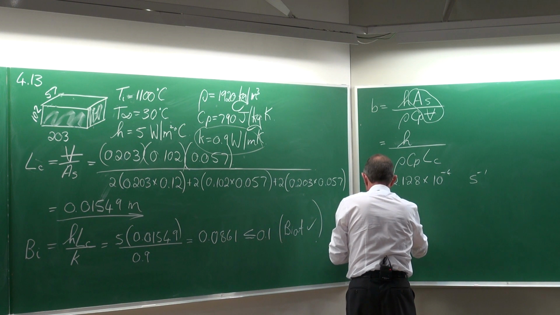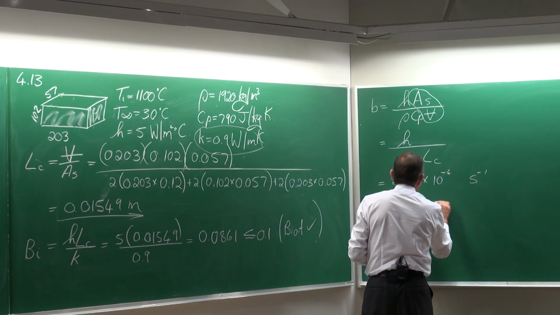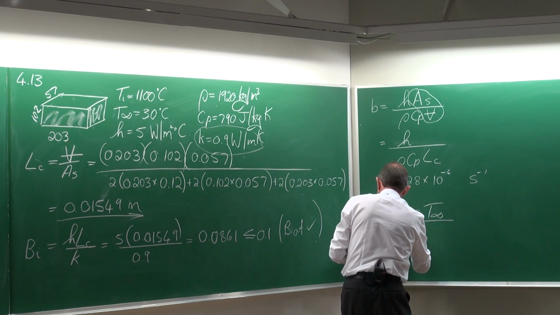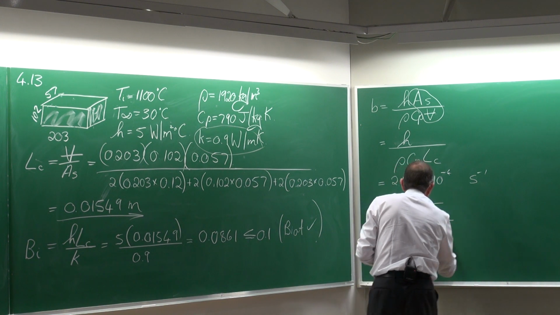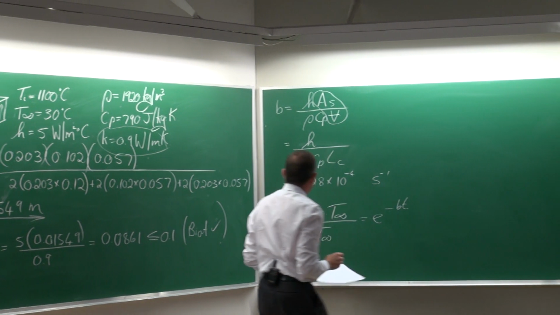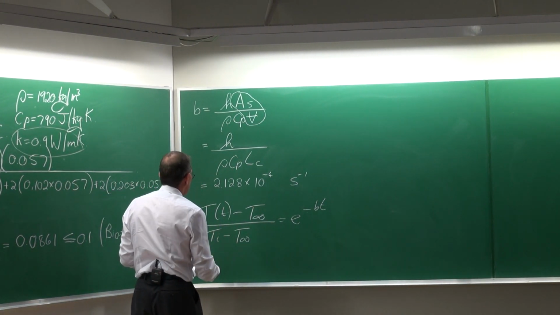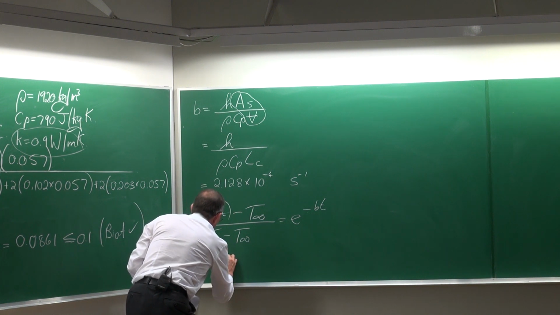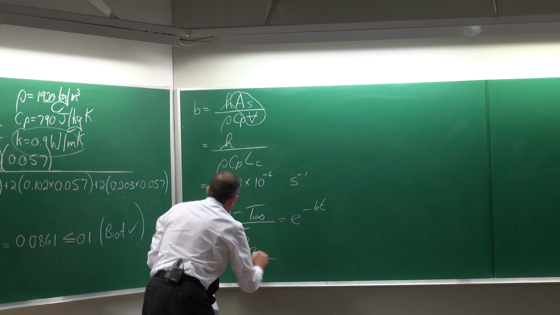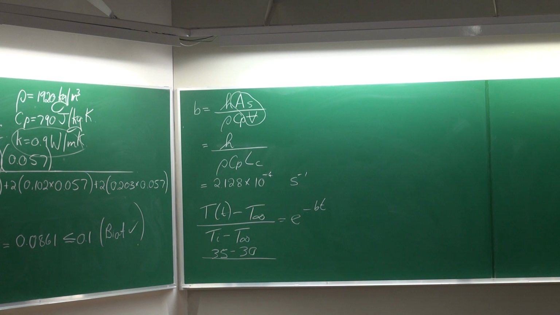Okay, so the lumped system approach says the temperature as a function of time, T minus T infinity, divided by Ti minus T infinity, is equal to e to the minus Bt. We would like to know when the temperature is at 35. Not the environment temperature, the temperature of the brick.